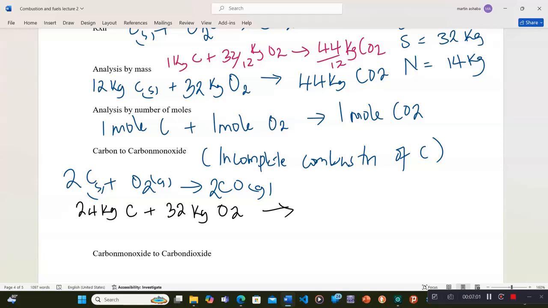So 12 plus 16, that would give you 28. 28 times 2, that is 56 kilograms of carbon monoxide.